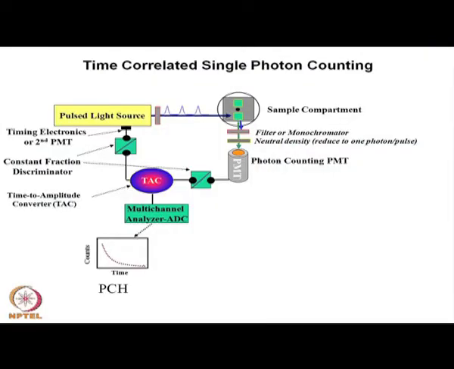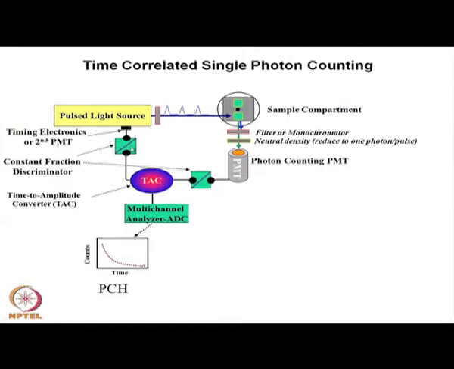In the same way, if you have a huge signal, you can reduce it using the neutral density filter. Then the PMT should be operated in photon counting mode, and you have this constant fraction discriminator. There is another constant fraction discriminator, and there is timing electronics, and a second PMT. This is your first PMT, and this is your second PMT.